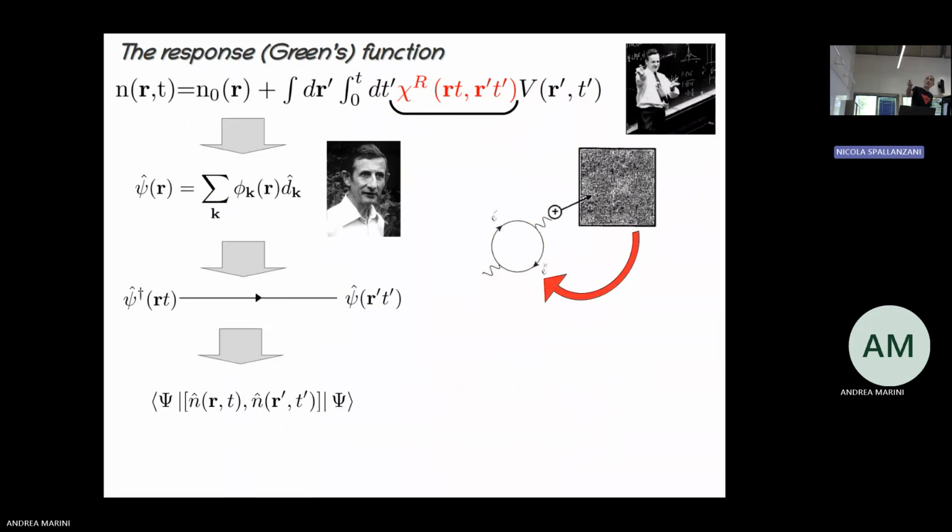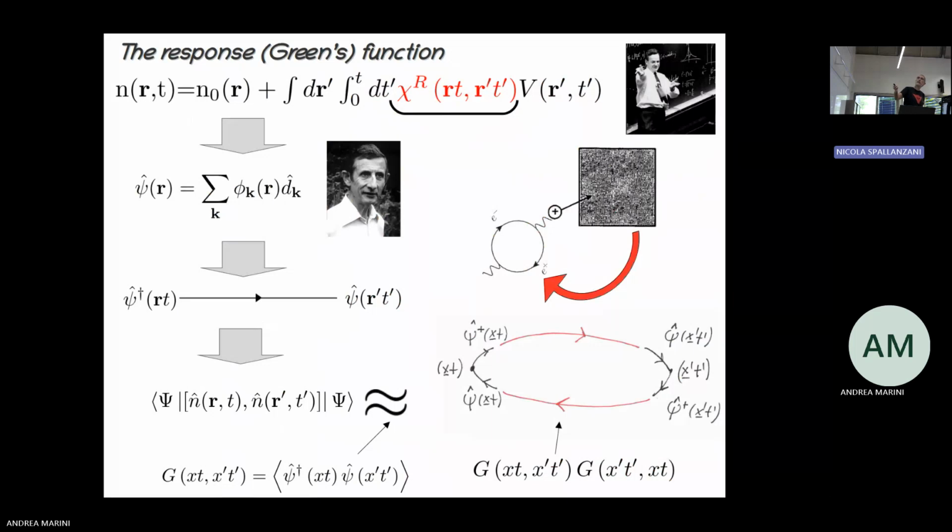And then you remember the average of ψ†ψ is the Lippmann-Schwinger propagator. This is the average of ψ†ψ we introduced just before, right? So now, if you look at this propagator and you remember that the Green's function is this object, then you can say, okay, wait a second.